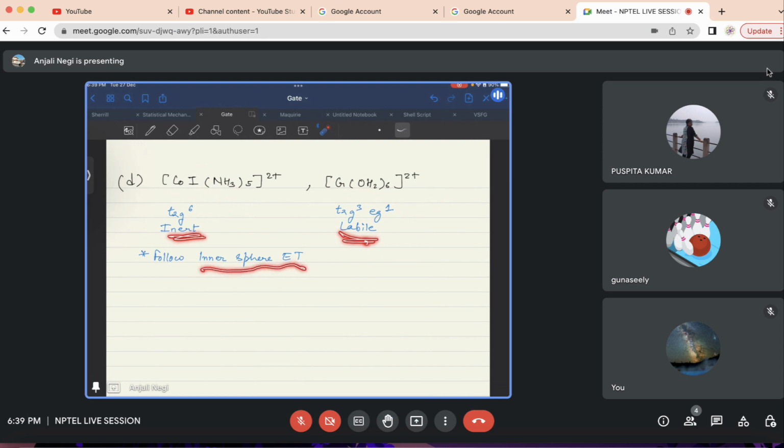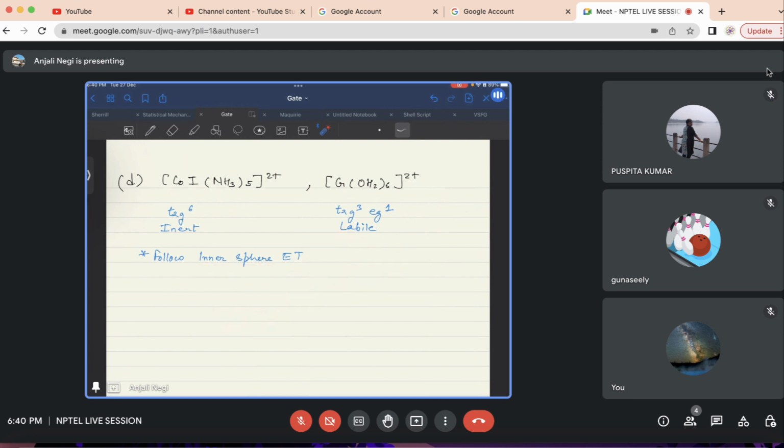Now, since we know that the inner sphere electron transfer has a higher electron transfer rate in comparison to outer sphere, we can neglect the other options and just look into option A and D. Option A had fluorine here, correct?